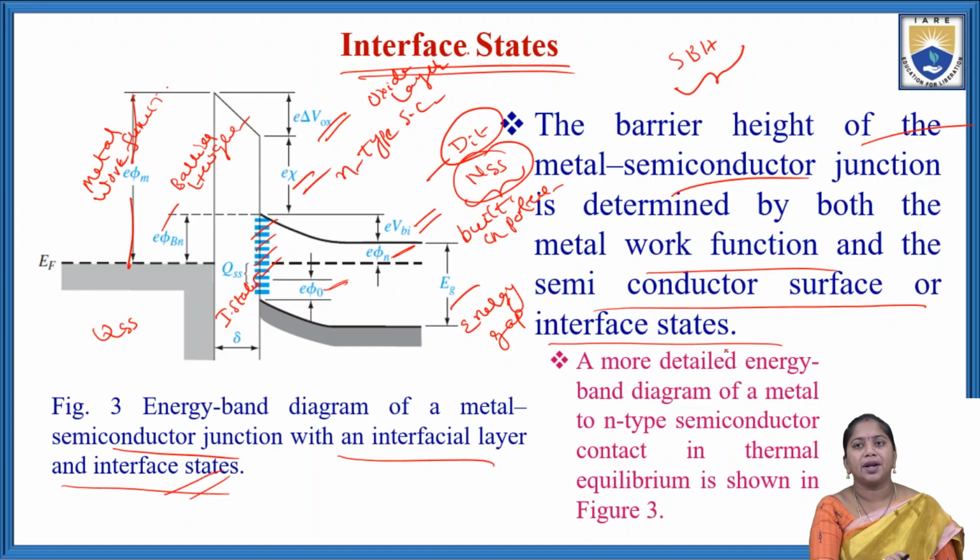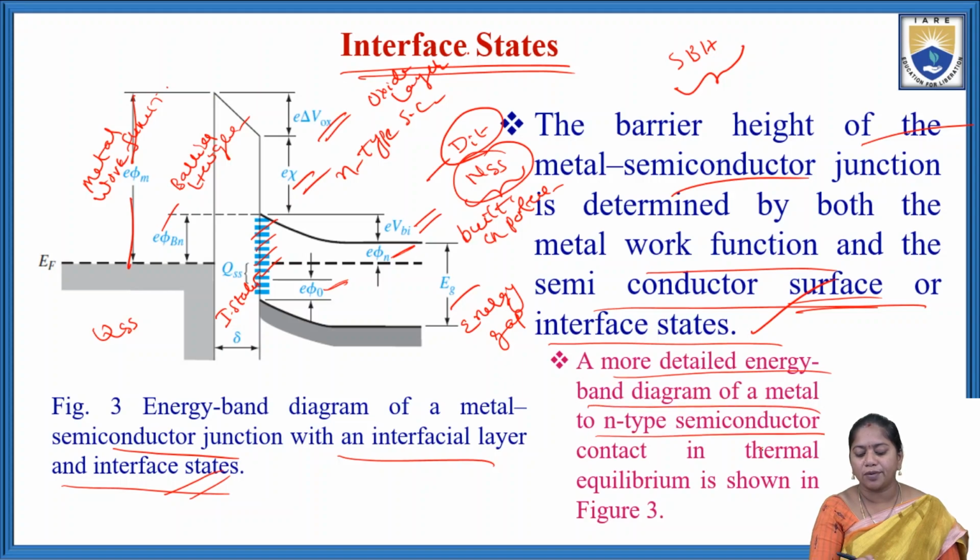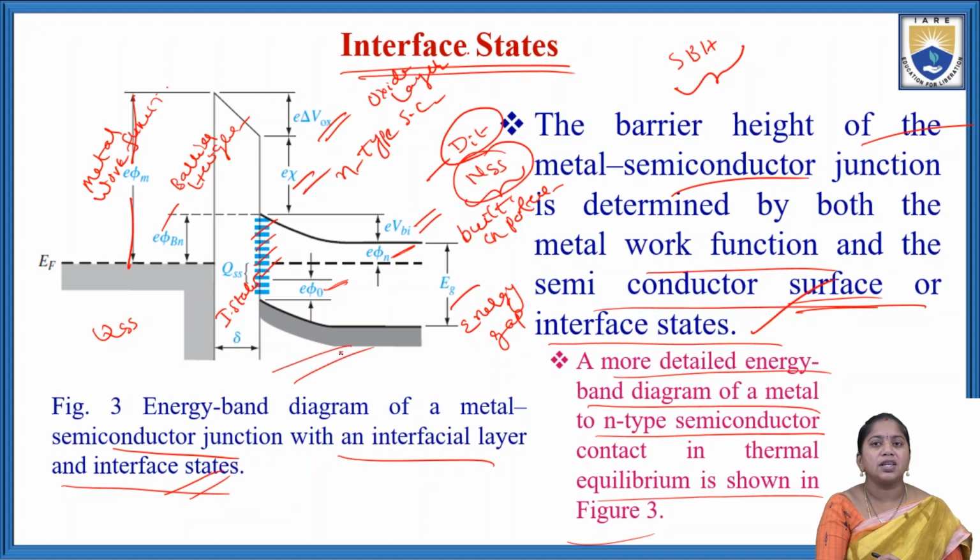Metal work functions are different for different metals, so we can select the proper work function of the metals to fabricate the metal semiconductor junction. The interface states also influence the Schottky barrier height. So this is a more detailed energy band diagram of the metal n-type semiconductor contact in thermal equilibrium.